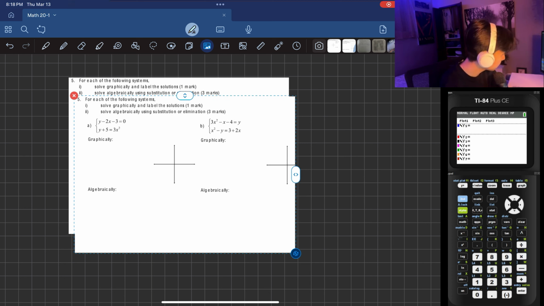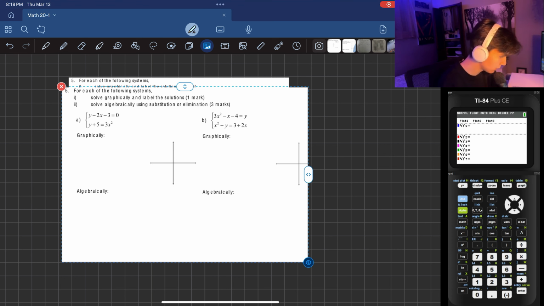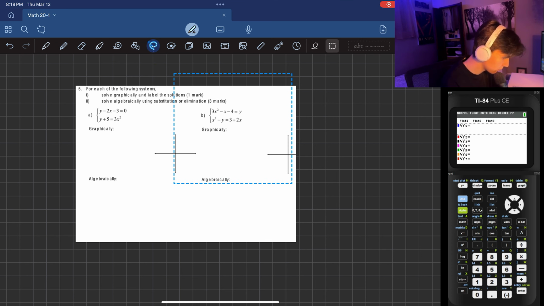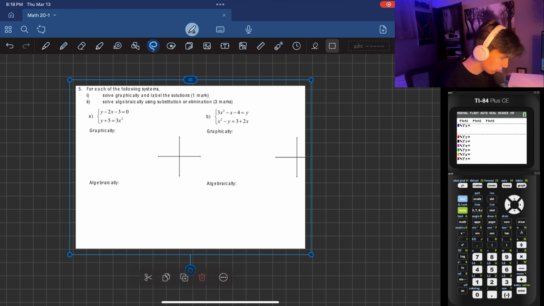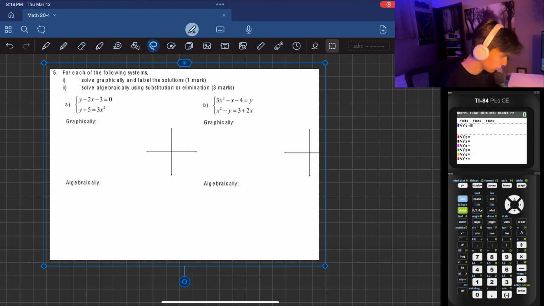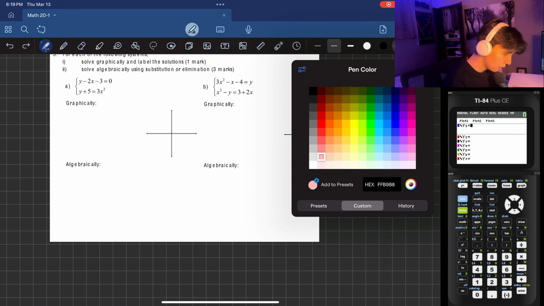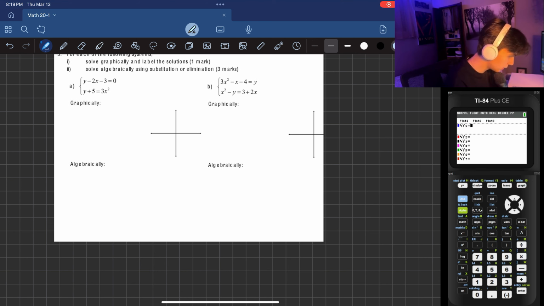Alright, so starting with this question here, we are asked to graph the following systems, and we're going to be labeling the solution. So I'm just going to begin by solving algebraically here. So we're going to skip straight to 2 here. And so let's solve this.